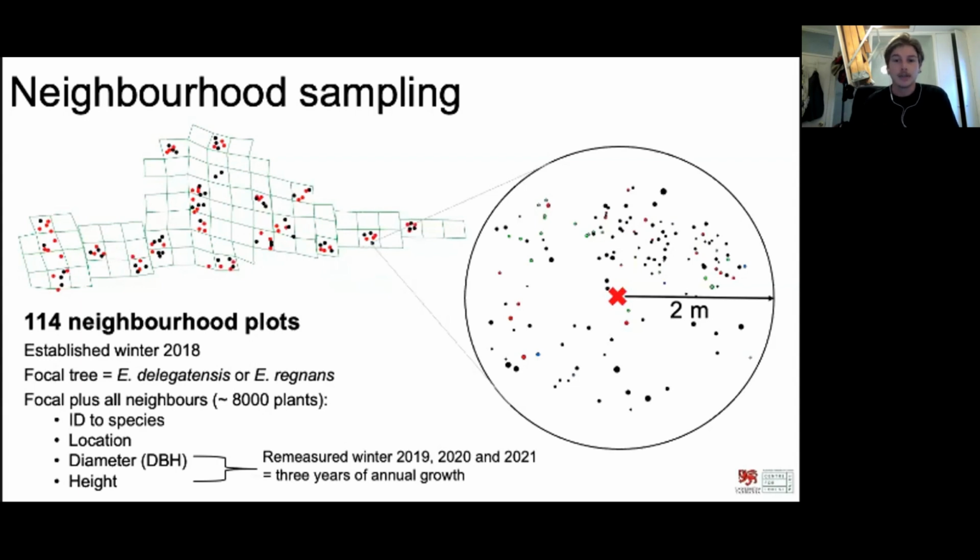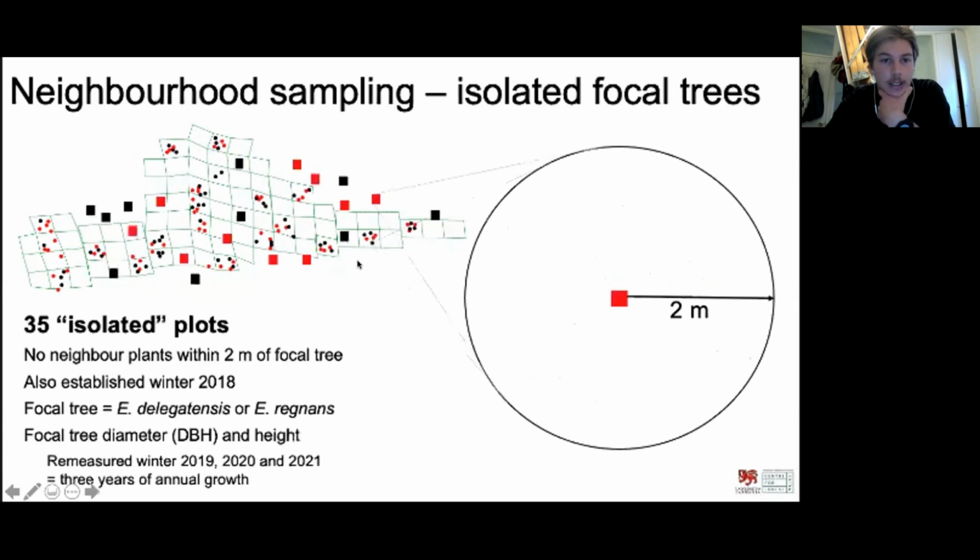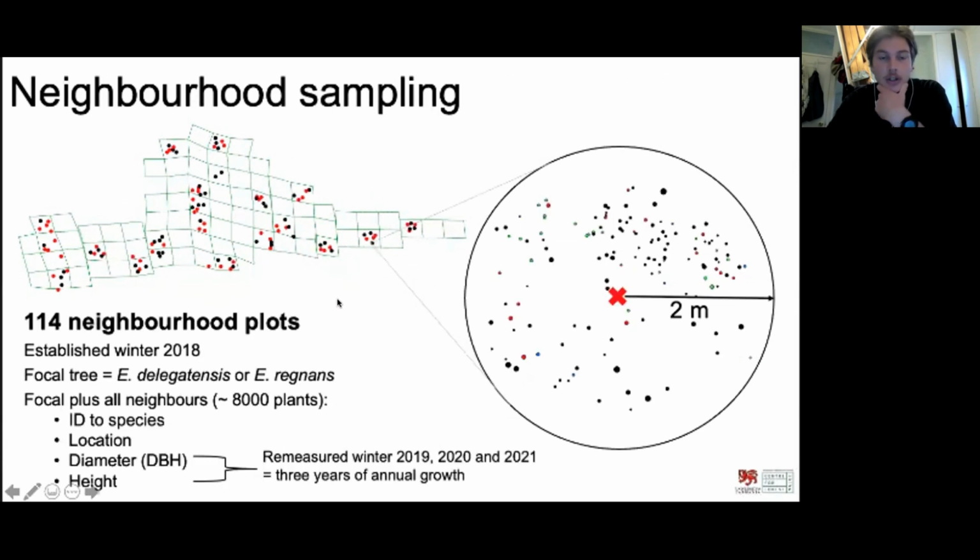And again, I just want to make the point that, due to the experimental design and the way that the site is laid out, you can see that there are vastly different neighbourhood compositions, but they're very, very close in distance, which just means it's very similar abiotic conditions, which means that it's easier to tease apart these neighbourhood effects.